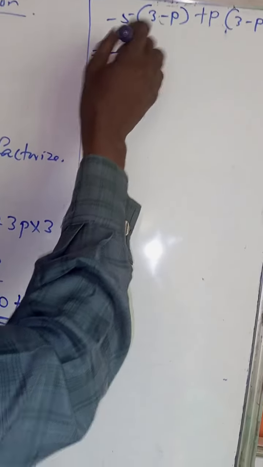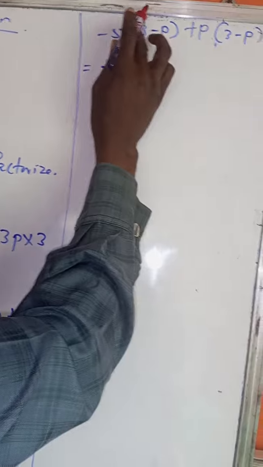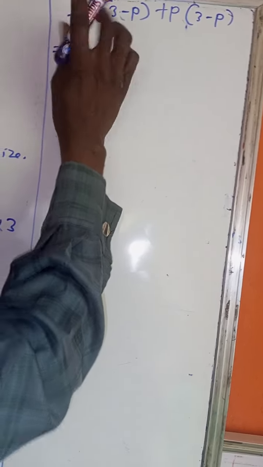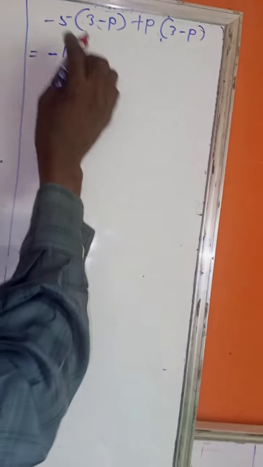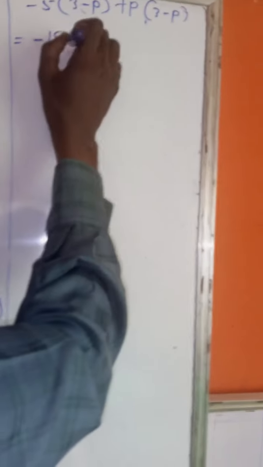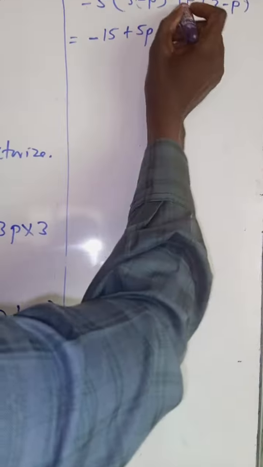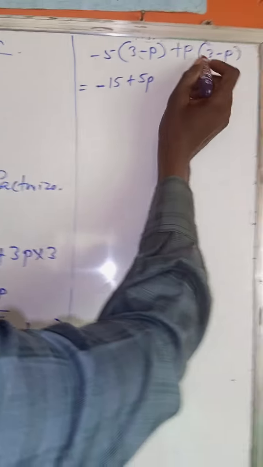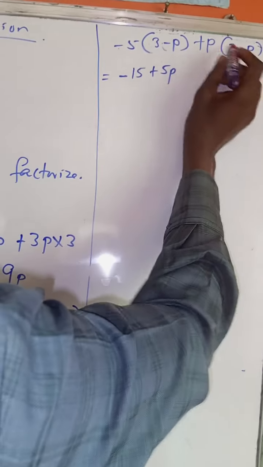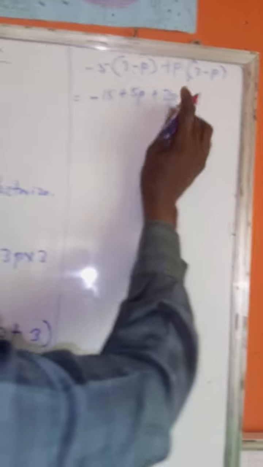So let me continue. Minus 5 times 3 is going to give me minus, because this one has an invisible plus here. Minus times plus is minus. 5 times 3 is 15. Now minus times minus is plus, 5 times p is 5p. Then p times 3, they are both plus, so it gives me 3p.